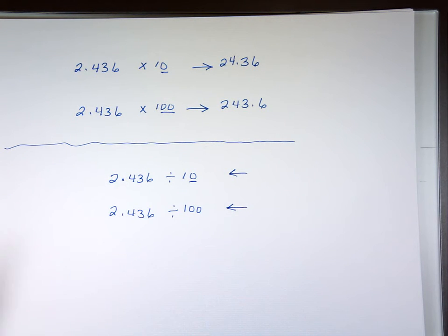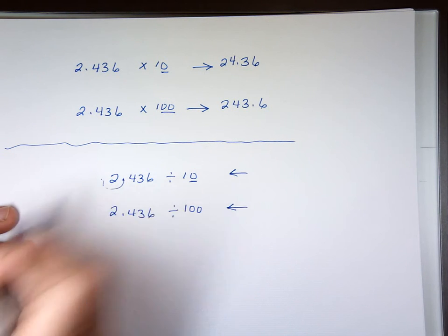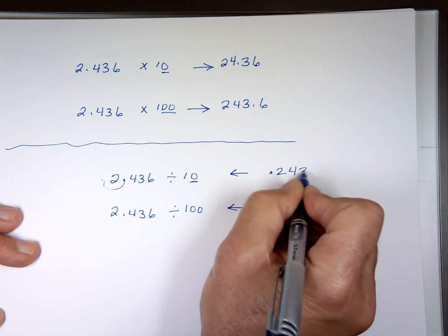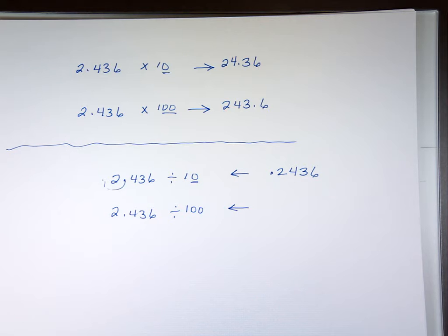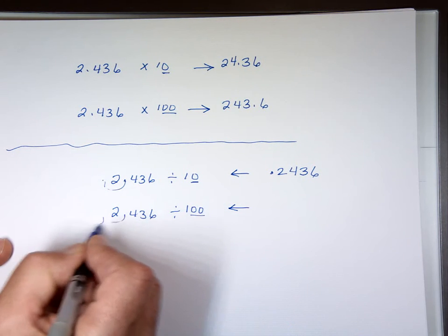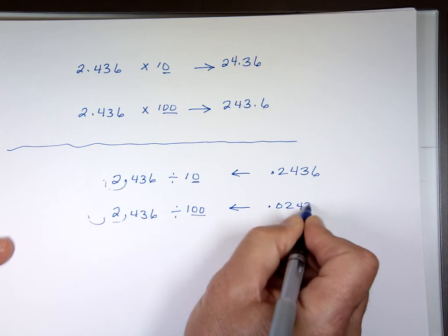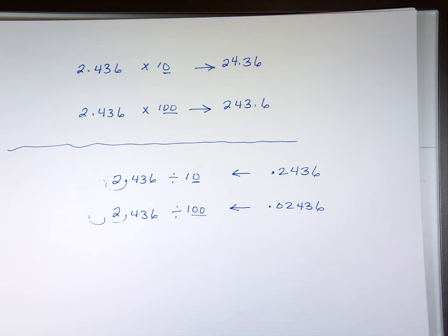You move the decimal point 1 place to the left. It becomes 0.2436. This one, how many zeros do you have there? 2. You move the decimal point to the left how many places? 2. That's 0.02436. That's the shortcut.